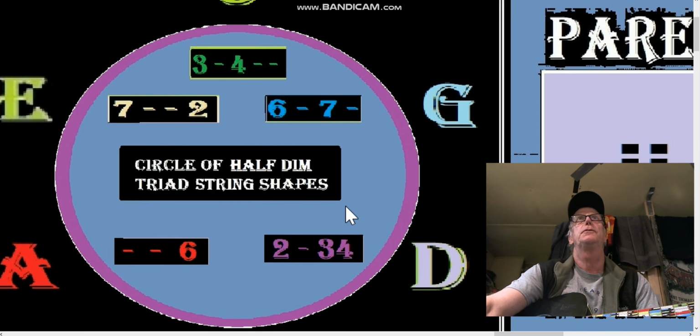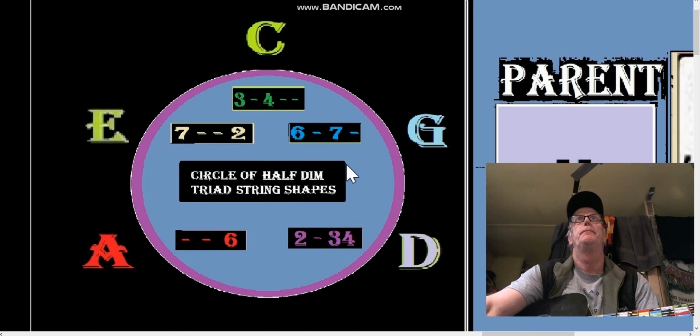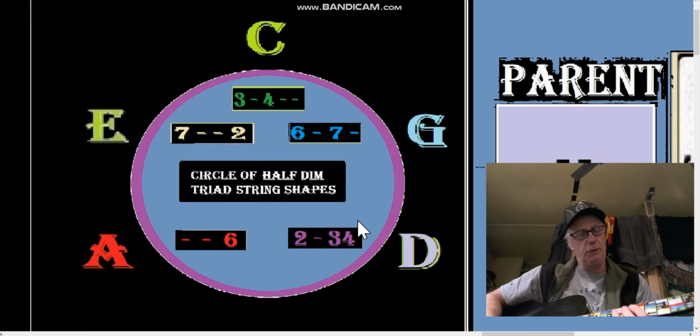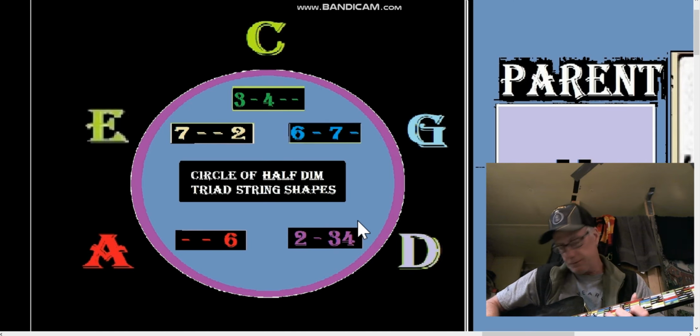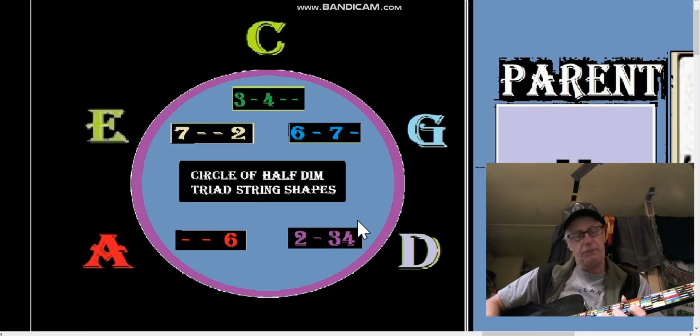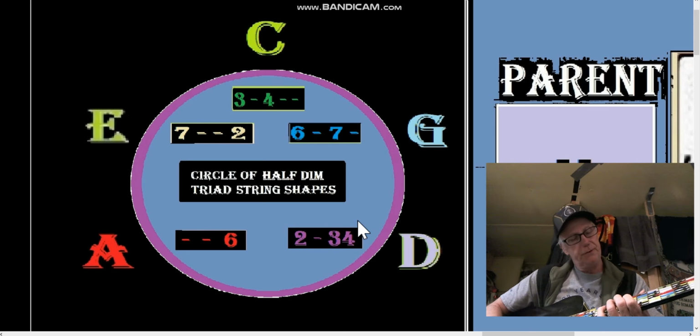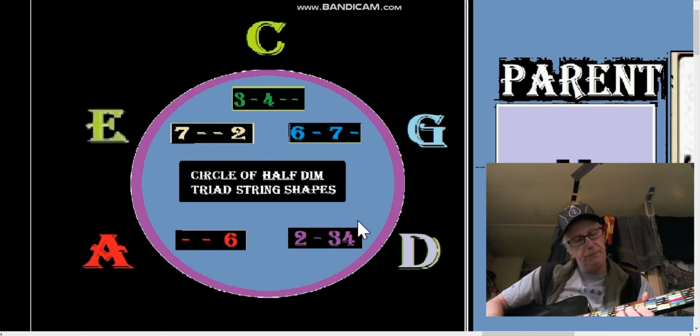Let's make it a little smaller so we can see them all. The 2, 3, 4 in the D box is up here, the whole string shape. 2, 3, 4, and then the 6. So it's the 6, the 7, 2, the 3, 4, the 6, 7, the 2, 3, 4, and the 6.